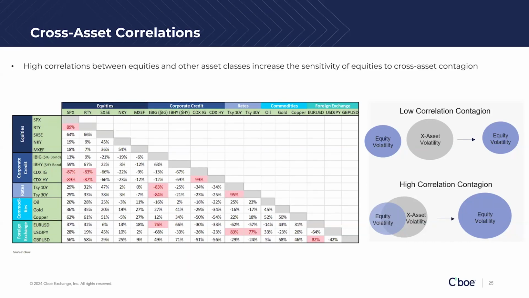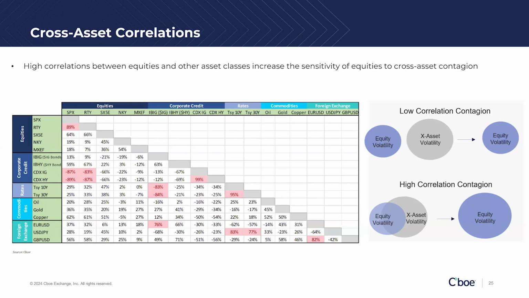So whether it be the global financial crisis, the sovereign debt crisis, or different oil shocks, oftentimes you see that it's risks external to the equity markets that cause the largest increases in equity volatility.